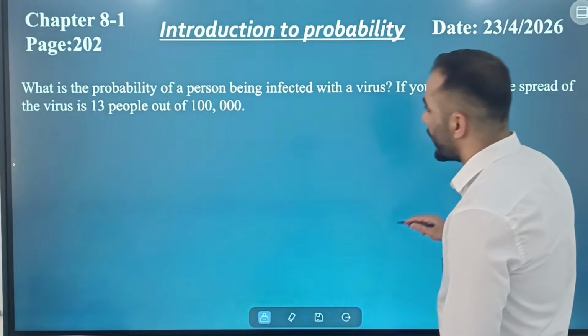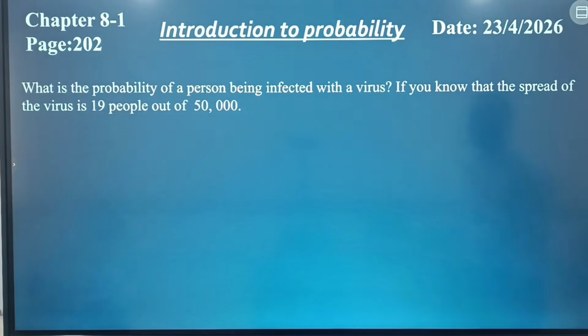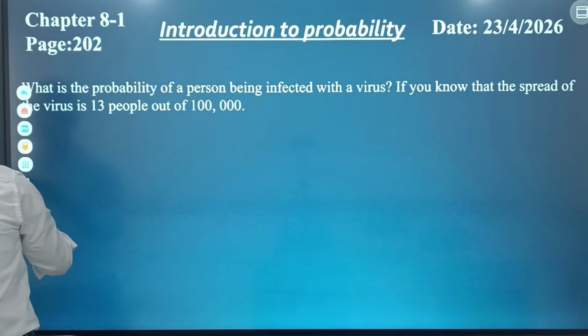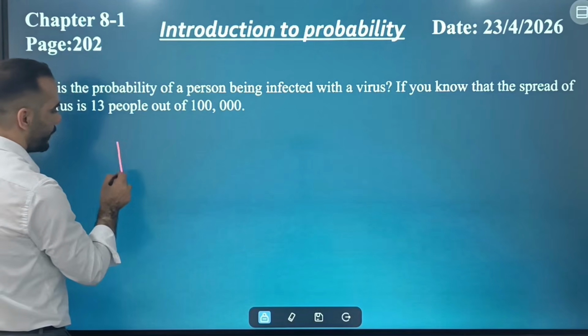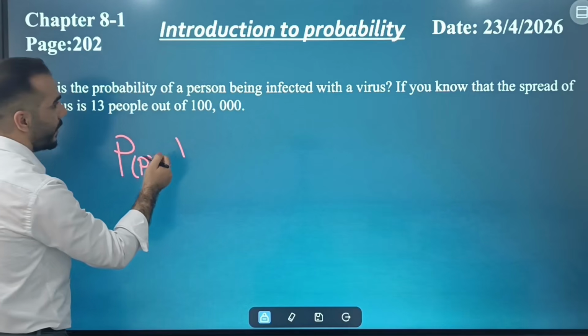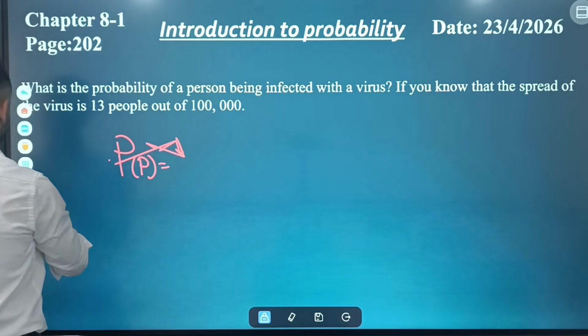The next question is similar to this one, just the numbers are changed. What is the probability of a person being affected with the virus, if you know that the spread of that virus is 19 people out of 50,000 people?